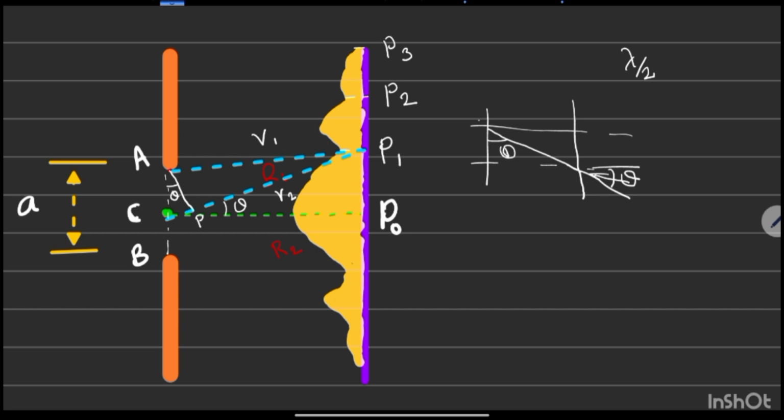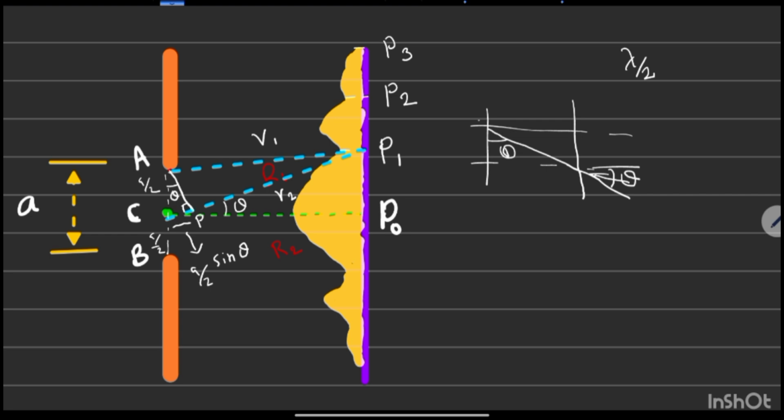Okay, now if I place the screen at infinite distance from the slit, I can approximate this triangle as a right angle triangle and express the length CP as a by 2 sin theta. Remember, this side is a by 2.